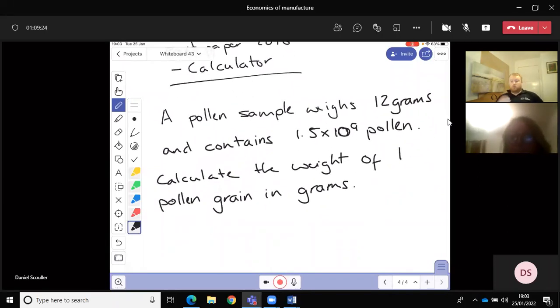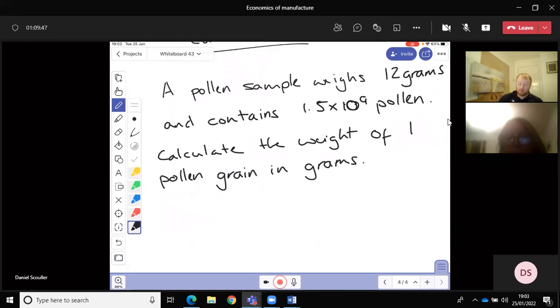So one part of this is trying to figure out what this is asking you to do. We've got a sample of pollen, a collection of pollen, a spoonful of pollen, and that weighs 12 grams. That contains 1.5 times 10 to the 9 particles of pollen. If we were writing that out fully: one, two, three, 4, 5, 6, 7, 8, 9.